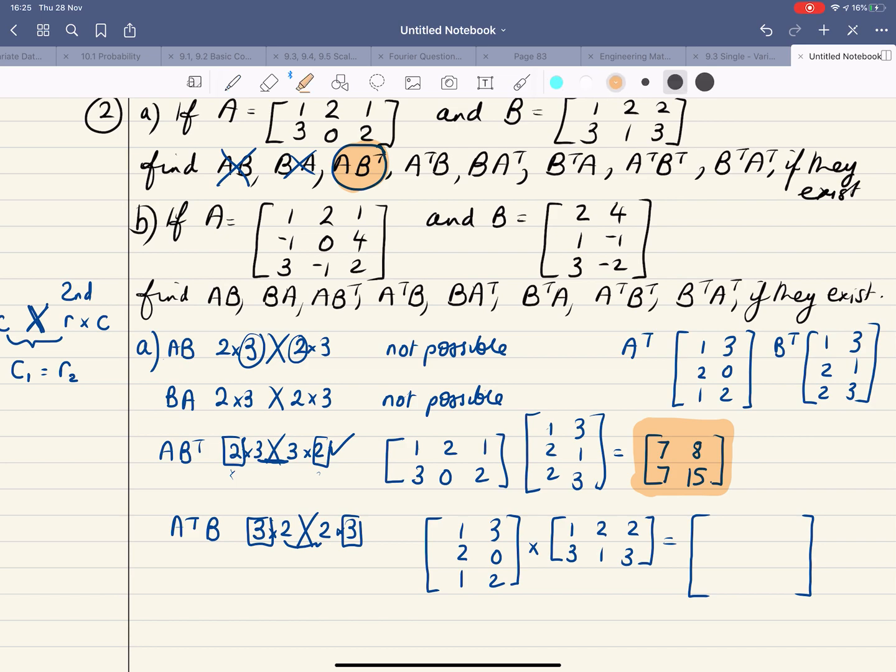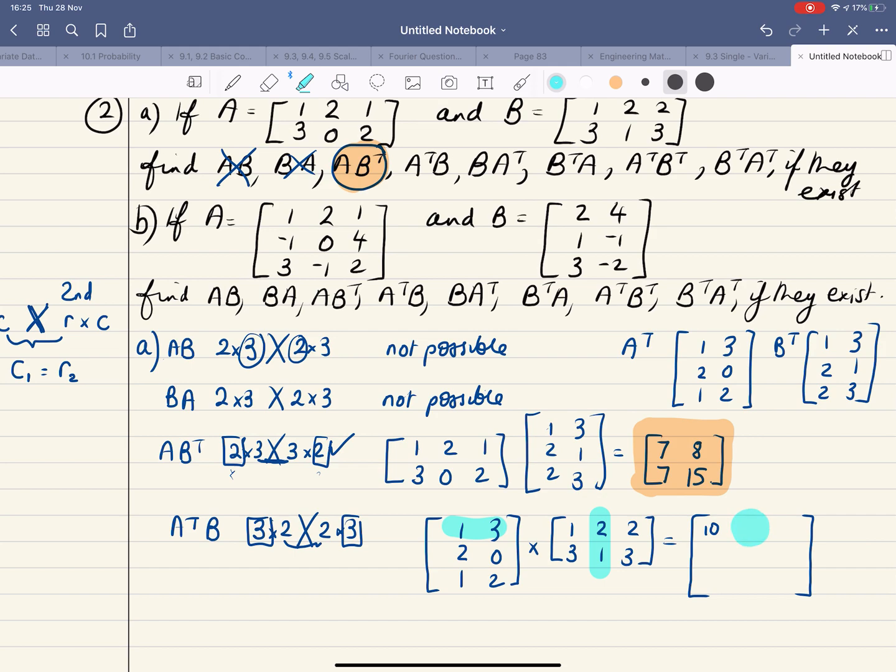Okay, I'll do it a different colour this time. Let's go for blue. Right, top left, first row, first column. So it's 1 times 1 plus 3 times 3, which is 10. The next one, first row, second column, which is going to go there.